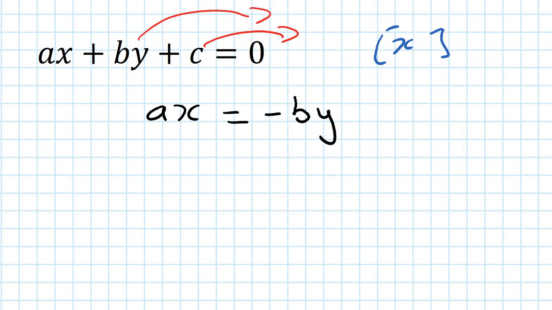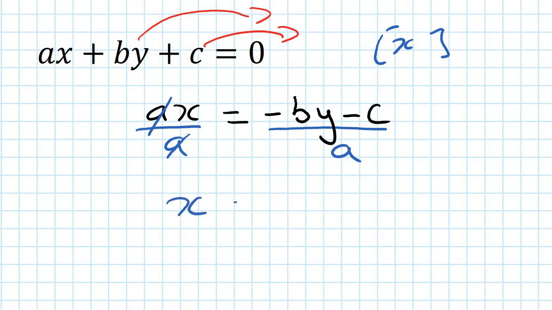Positive c moves to this side and becomes minus c. Now I divide by a, because I want to get rid of the a so that x is by itself. The whole lot must be divided by a, so you cancel this out. So x must be equal to negative by minus c all over a.